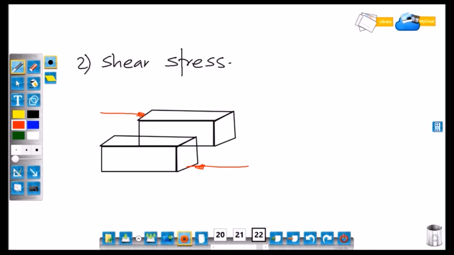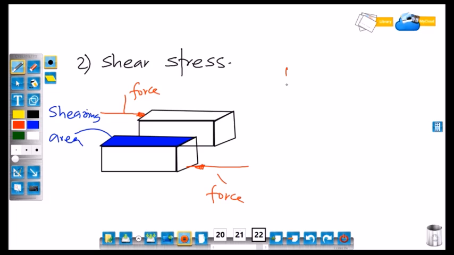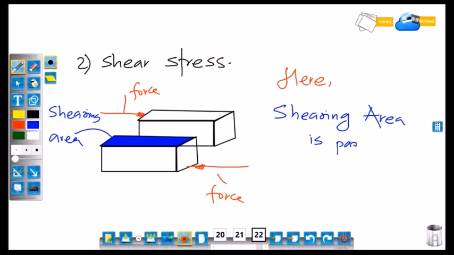So this shaded area is called the shearing area due to shear force. Here the shearing area is parallel to the direction of shear force. Area parallel to force.